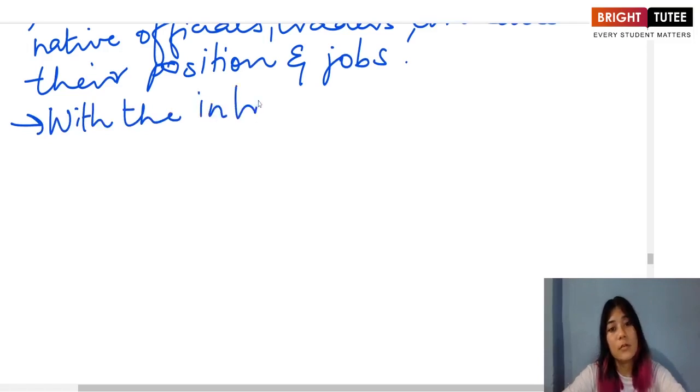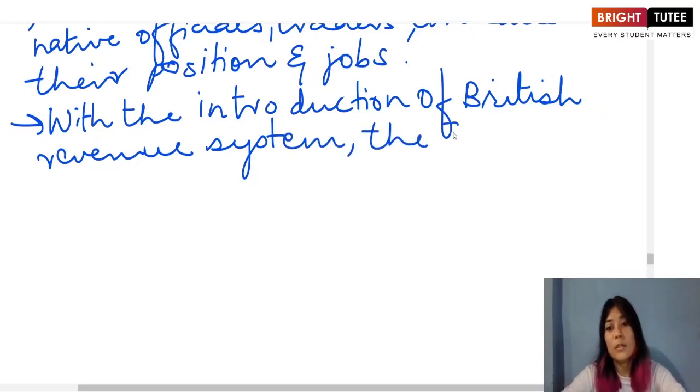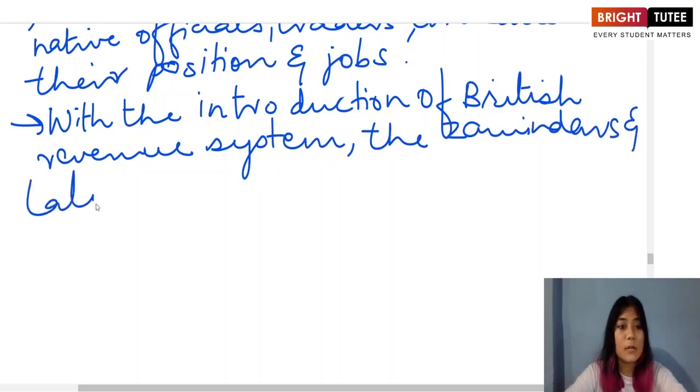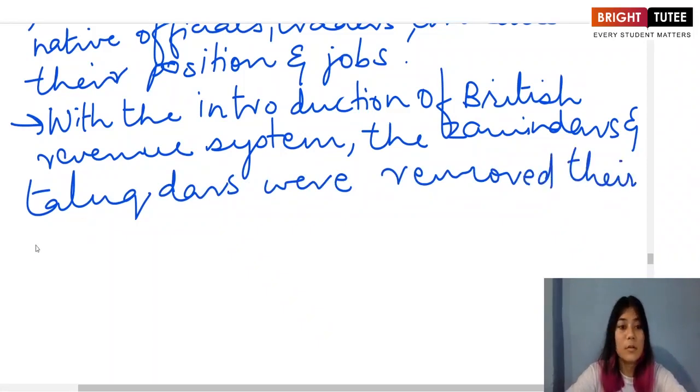With the introduction of the British revenue system, the zamindars and talukdars were removed from their position of power.